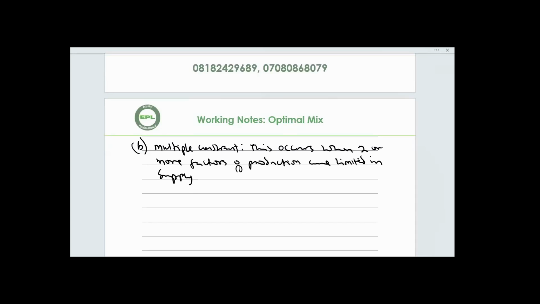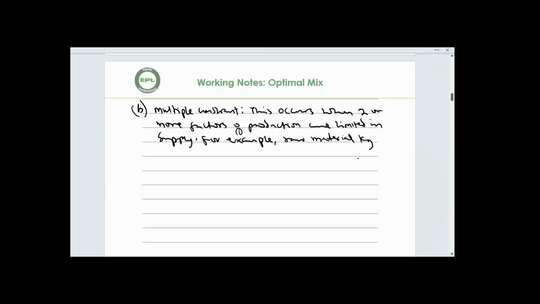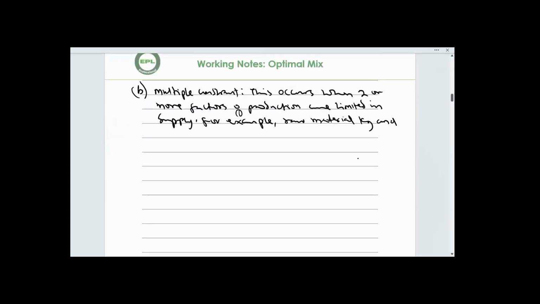For example, raw material kilogram and machine hours may not be sufficient to produce the required outputs.